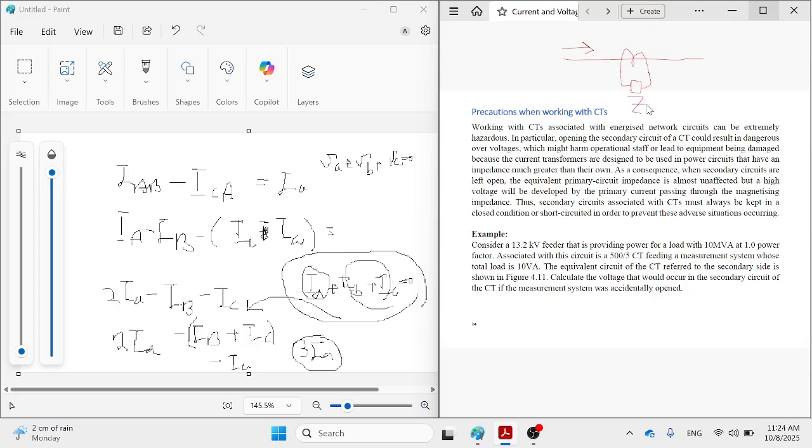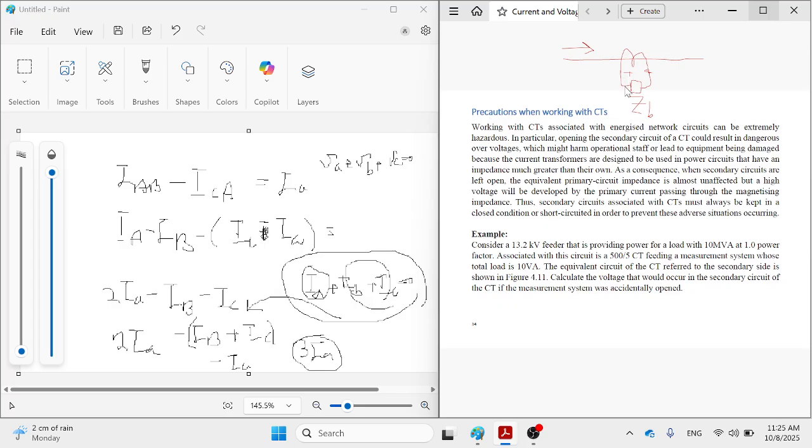Okay, the ZB. If we remove it due to any problem, if ZB becomes open, the voltage at this side jumps up very high and it's very dangerous. It can be a cause of electrocution for the personnel and any engineer.